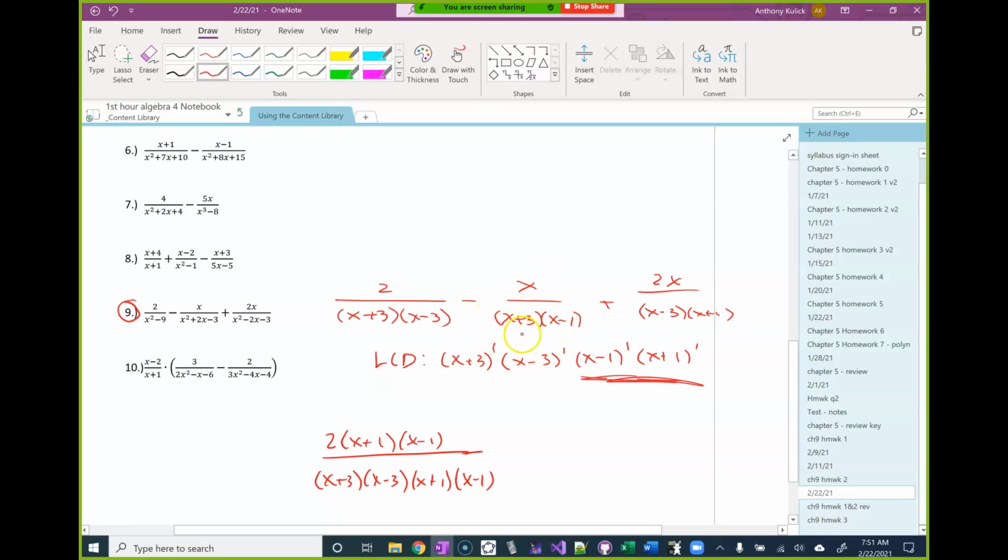If I look at the second fraction, I'm missing the x minus 3 and the x plus 1. So again, multiplying to the top and bottom.